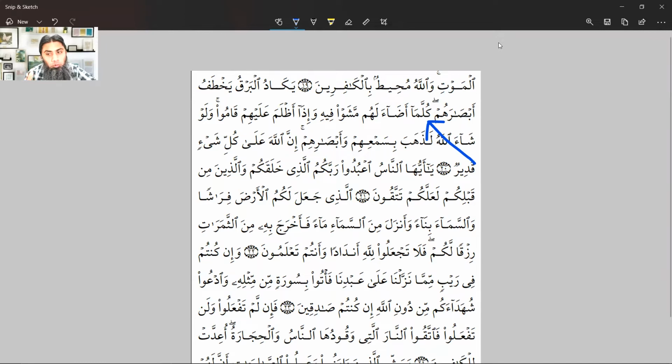Sometimes, as will be the case here as well, a complete sentence comes, and with the help of this ma, that complete sentence is changed into a masdar, because we have learned this technique, how this ma changes the whole sentence as though it is one word.